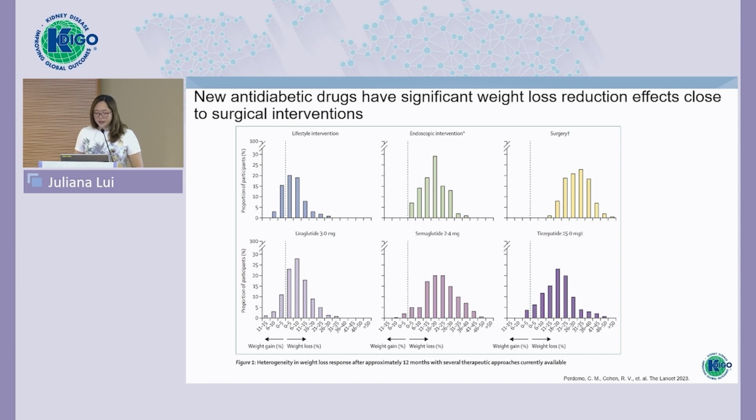Novel anti-diabetic medications resulted in more than 10% weight loss in more than 2/3 of the clinical trial participants. These non-invasive novel medications are nearly as effective as surgical procedures, and they are much more effective than lifestyle interventions alone.